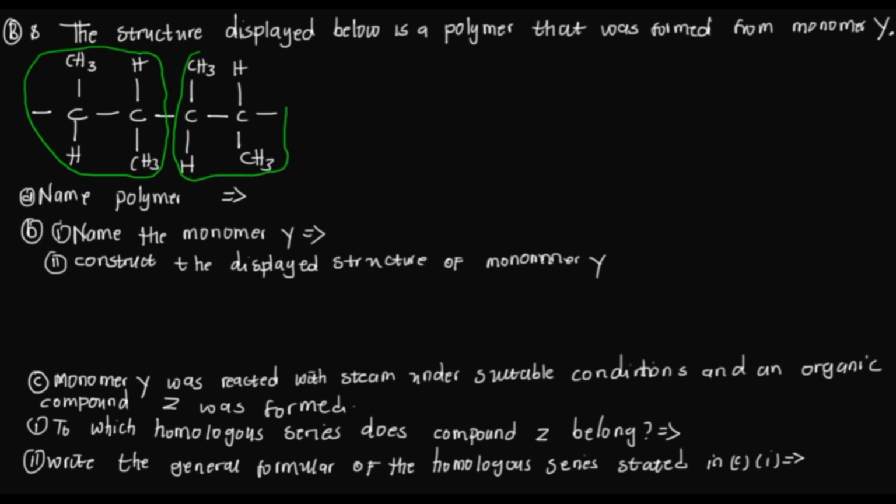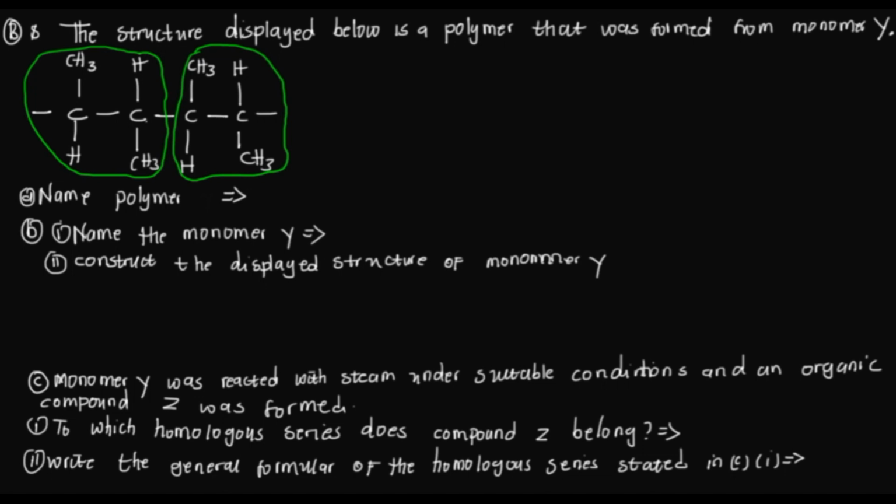Okay, then let's compare the two structures. From the two structures, we are able to see the way the atoms of carbon and hydrogen are arranged. So here we can see that we have CH3 down here, and CH3 up there. Also, the other one is an exact copy. So that is how you can identify the type of monomer that was used.